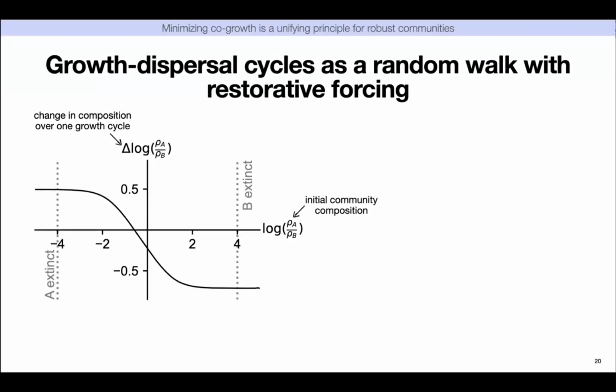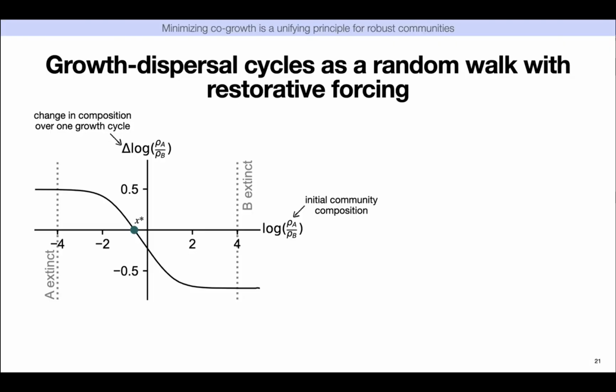So here, what I'm showing you is I've abstracted away those dynamics within one growth cycle. And instead, we're just looking at how the community composition changes over one growth cycle as a function of the initial community composition. So we're measuring community composition as just now the ratio of abundances of the two species.